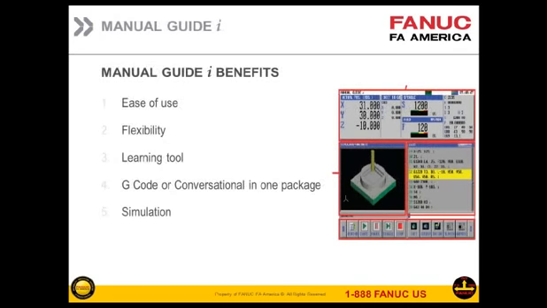Now, some of the benefits of Manual Guide I. There's 5 of them that I try to extol all the time about Manual Guide I. And these aren't in any particular order of importance or anything like that. But the number one thing is ease of use. And the reason I say that, as we go through this overview of all the cycles within Manual Guide I, you're going to see that all of these different cycles are very similar.